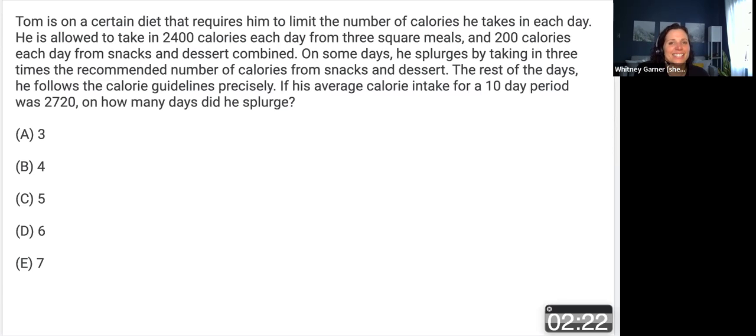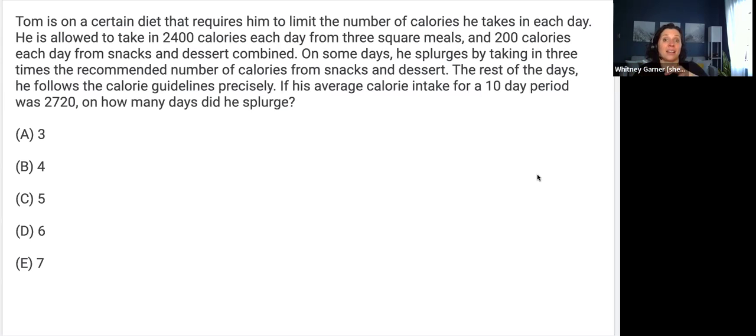All right. So notice that we have, again, 2 types of subgroups. We've got days on which Tom splurges, and we've got days where Tom follows the actual precise guidelines.